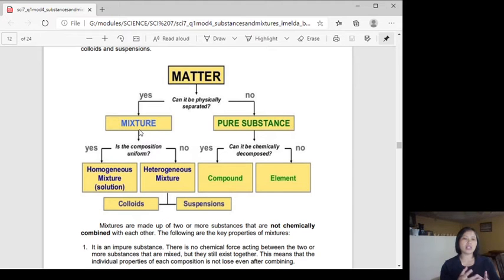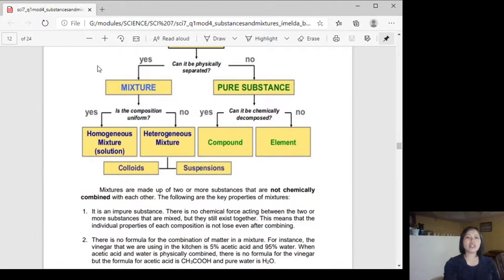So that is a property of mixtures. And also, if you're going to mix the components of mixtures, there is no chemical force that will act between the substances that are mixed. Okay, they still exist together, and they retain their individual properties. So that is another property of mixtures.